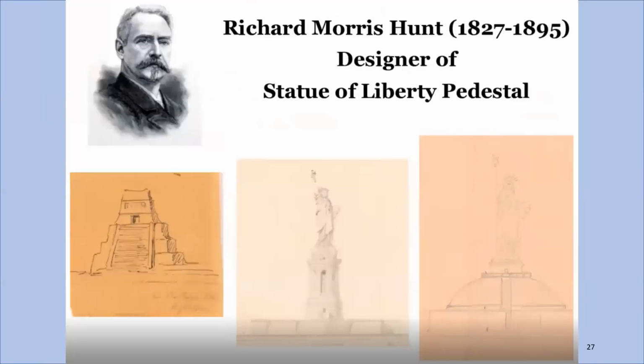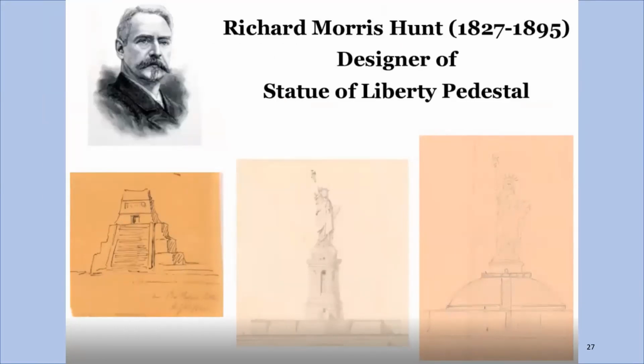Well, once they got it here, they had to have something to put it on. And the pedestal was designed separately and had nothing to do with the actual statue. However, Bartholdi hired architects to design the pedestal for the Statue of Liberty. He hired probably one of the most famous architects in the United States in the 19th century, a man by the name of Richard Morris Hunt, who went through several designs with Bartholdi.